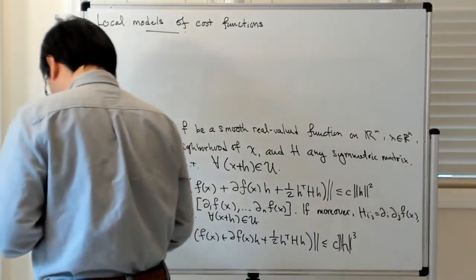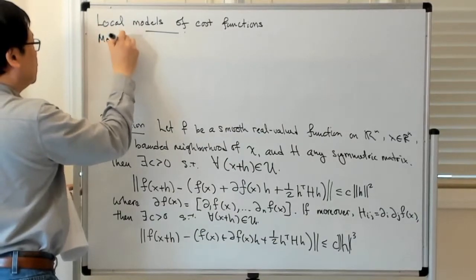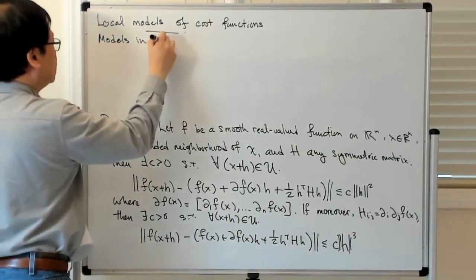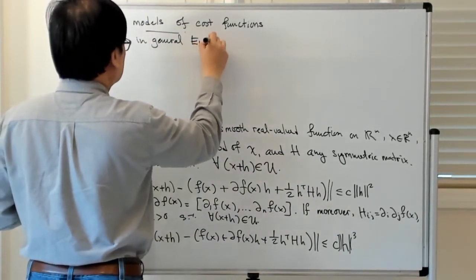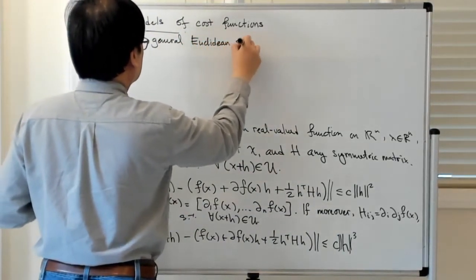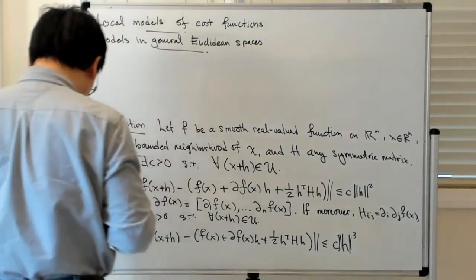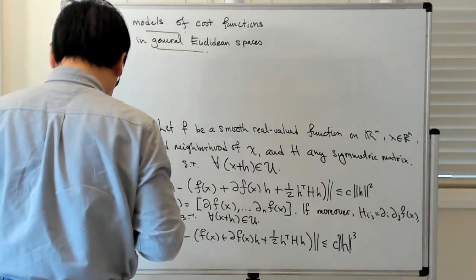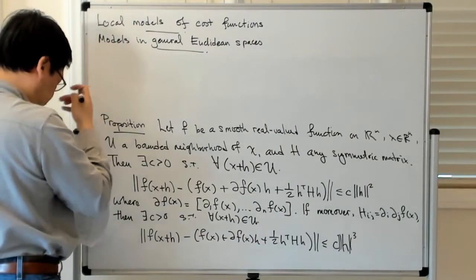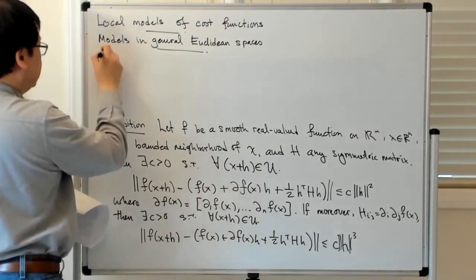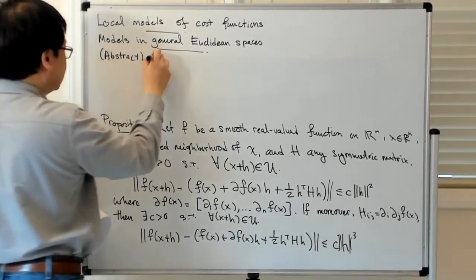Okay, so these are models in general Euclidean spaces. So we want this on abstract Euclidean spaces.